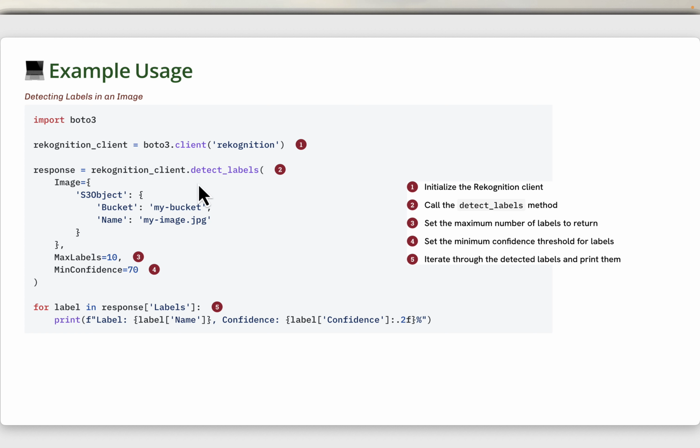In this case we are using image detection, so you will specify the input parameter as a bucket and file name, and you set the maximum number of labels to return and set the minimum confidence threshold for the labels. It will return all the labels, and you can iterate through the detected labels and print them: what was the confidence score and the image label.